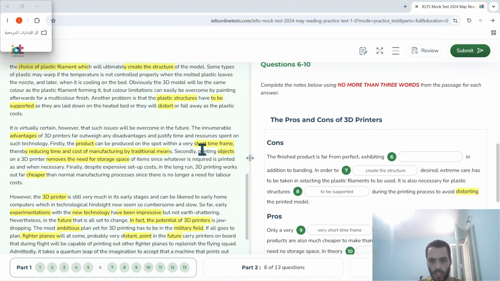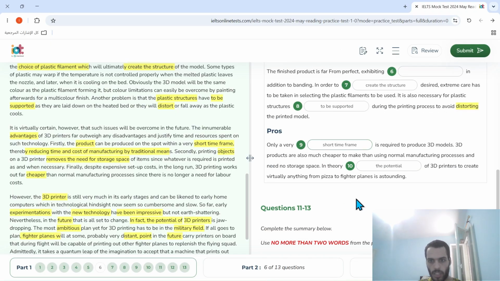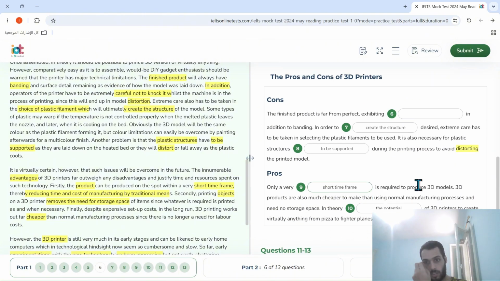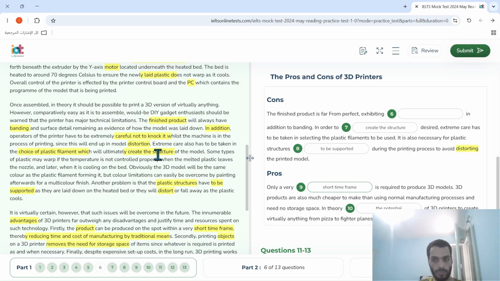In theory, the potential of 3D printers is to create the structure. The finished product is far from perfect.